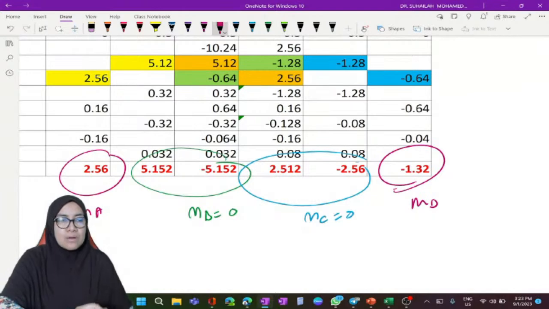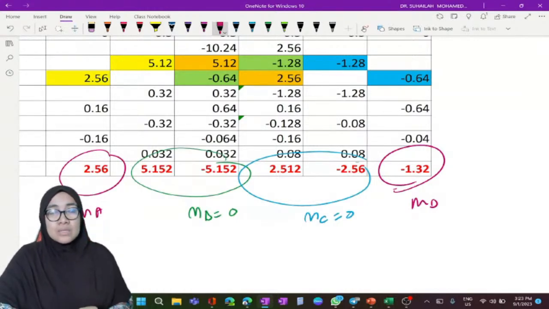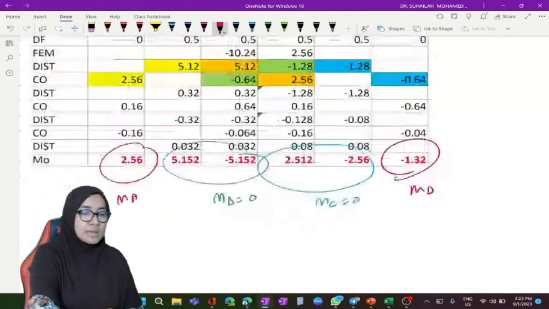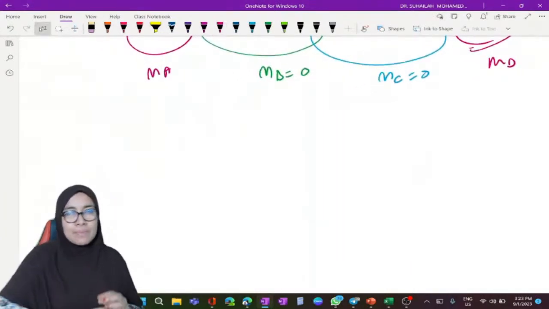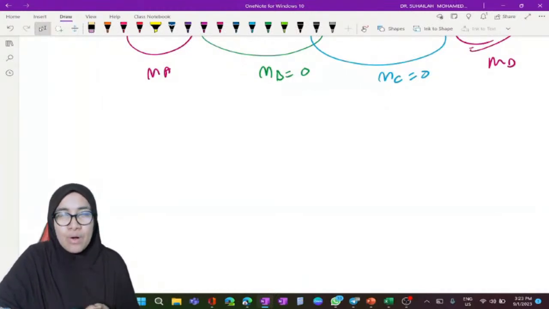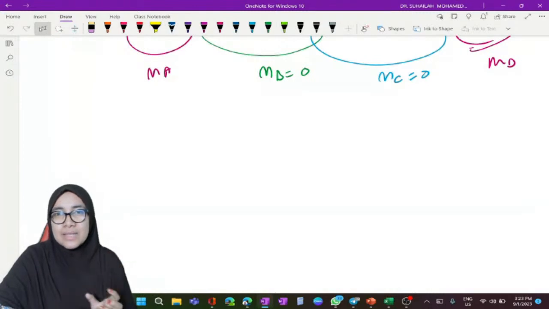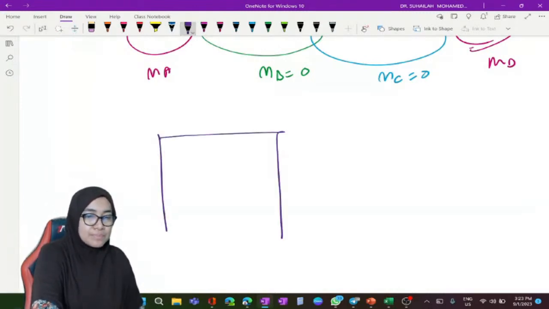So now the next step is we have to calculate restraining force. Restraining force. So the important part here is we have to be able to draw the free body diagram of the non-side sway frame. For the non-side sway frame, this is the frame.